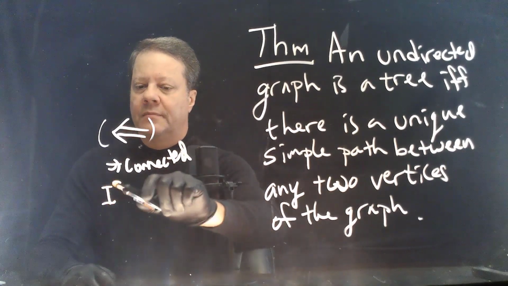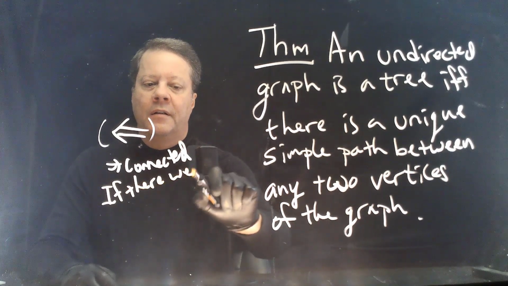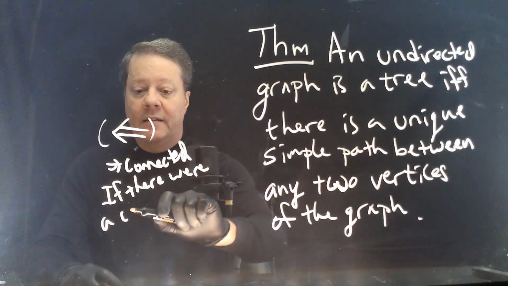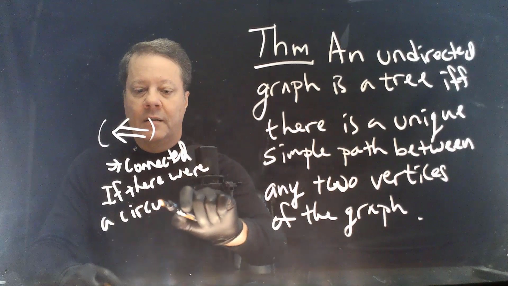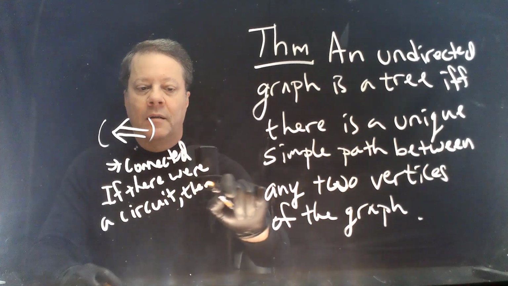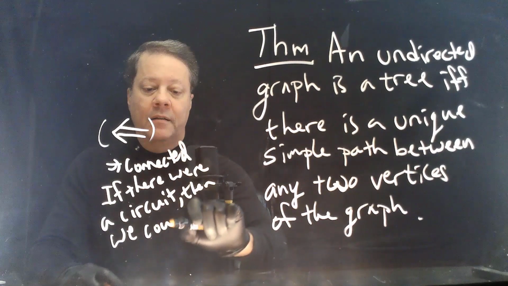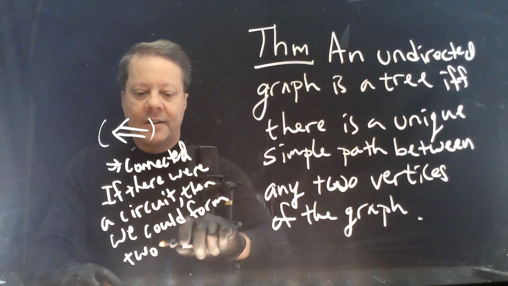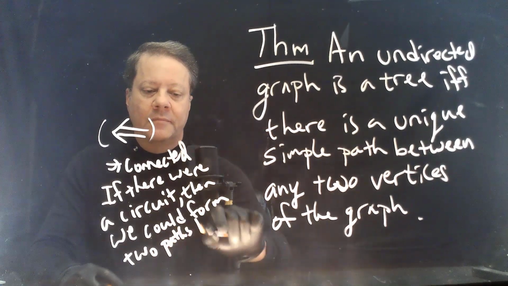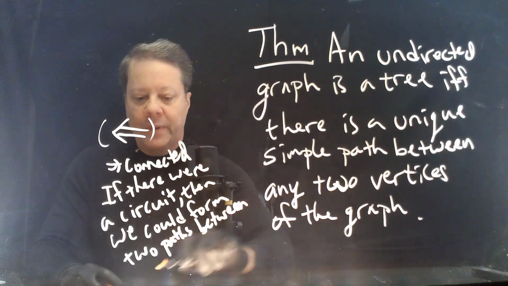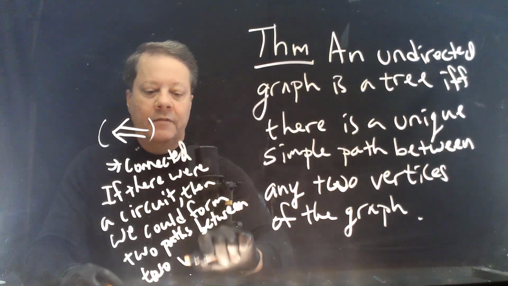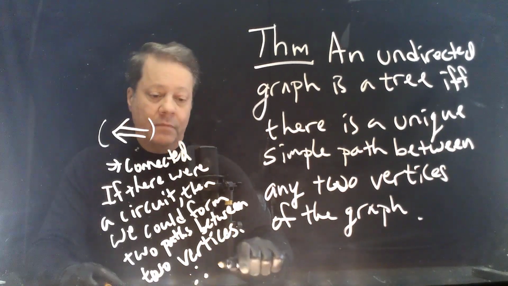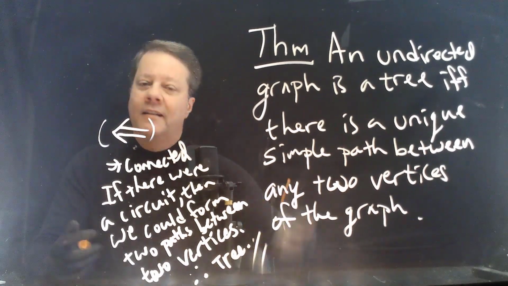Also, if there were a circuit, then we could form two paths by dissecting that circuit between two vertices. Therefore, we have a tree. And that's the end of the proof.